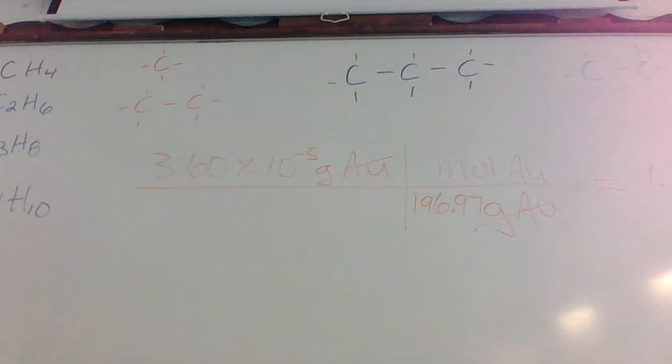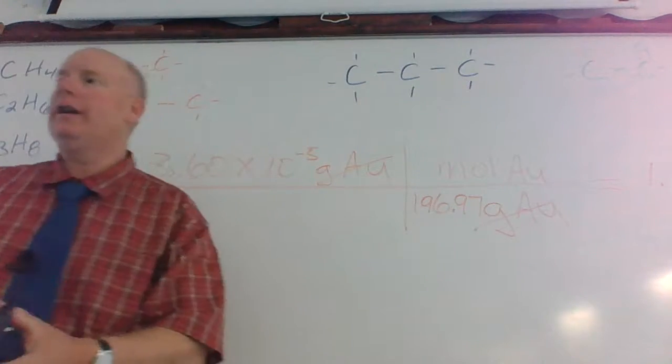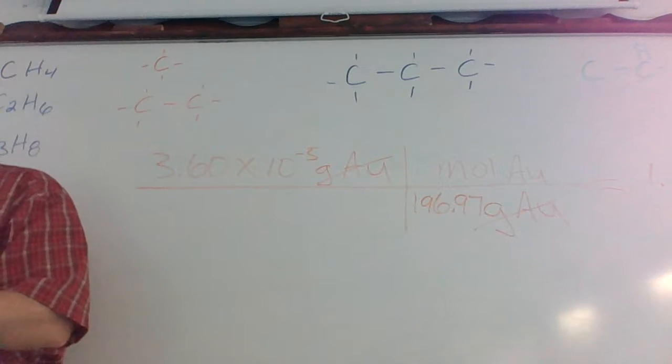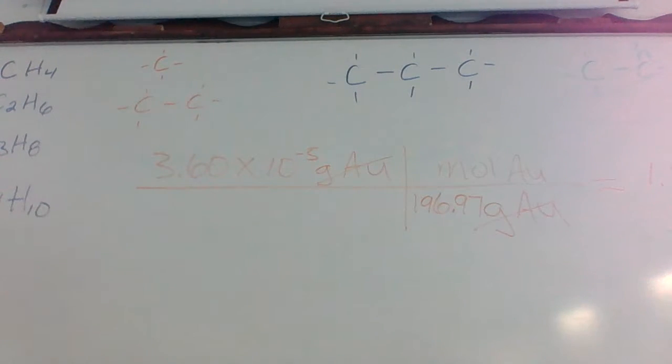Oh, I'm sorry. I was looking at the answer. Negative 5. Yep. Once you hit 3.60, you hit that second button. Then you should see an E pop up, and then you just hit negative 5.